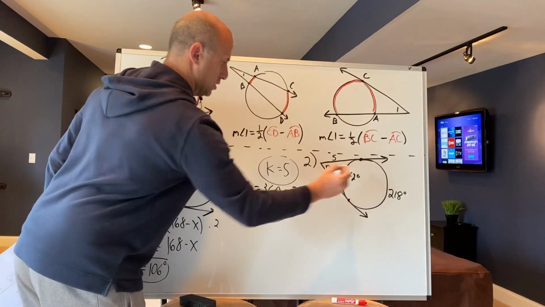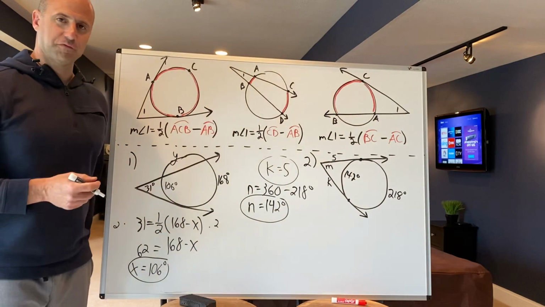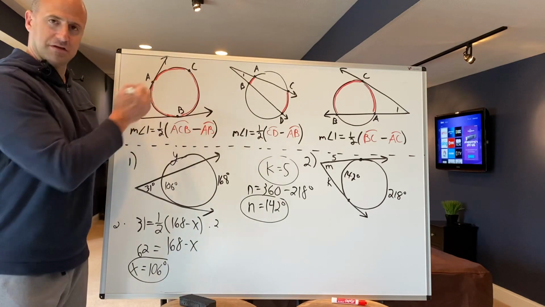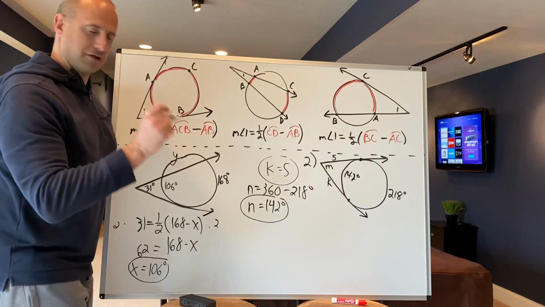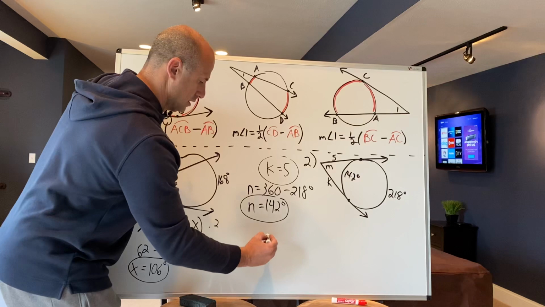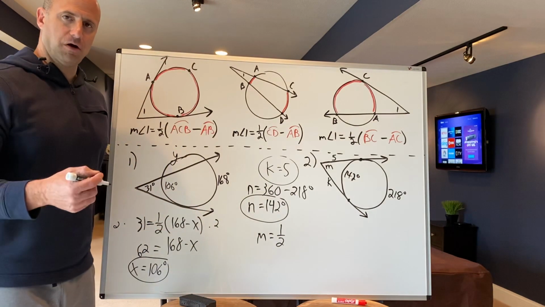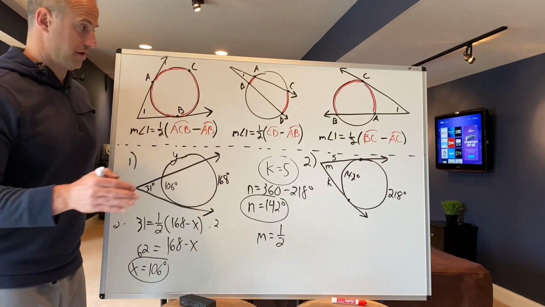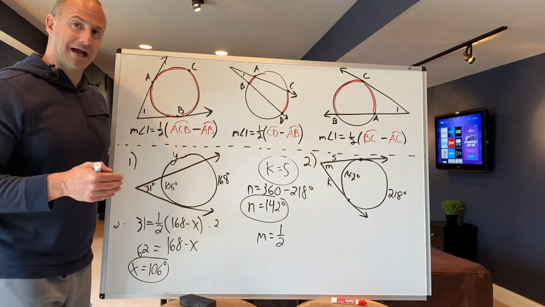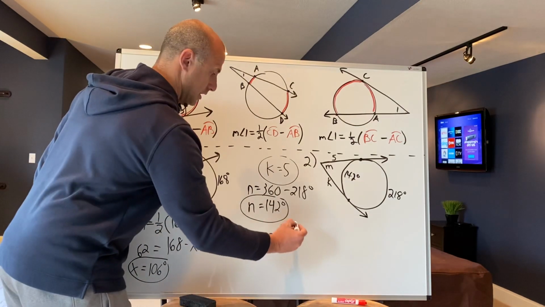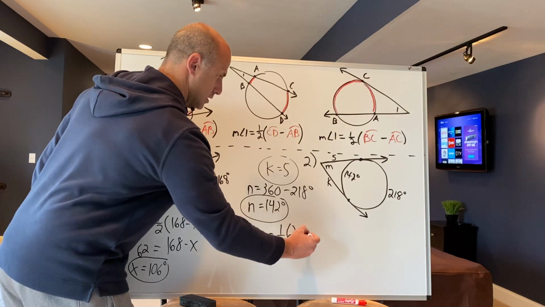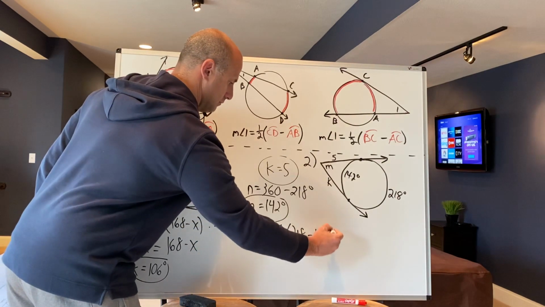And finally, what do we have? We have the new property from today. Looks like this picture here. If you need the angle, you take half of the 2 intercepted arcs that are created by those rays, you take half of those and subtract them. Okay, so 1/2 of 218 minus 142.